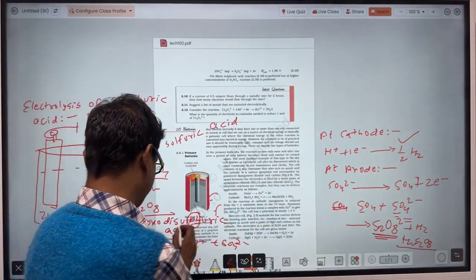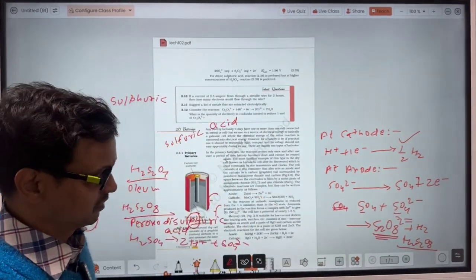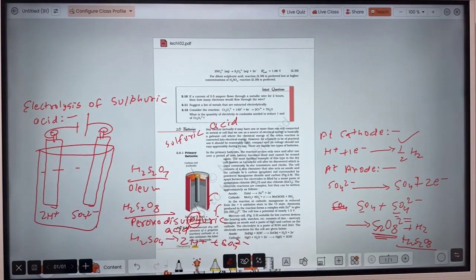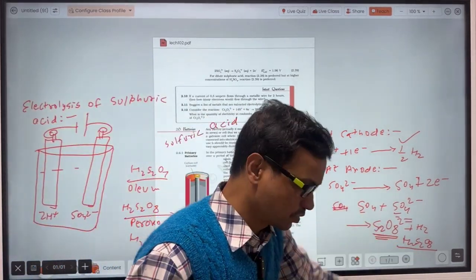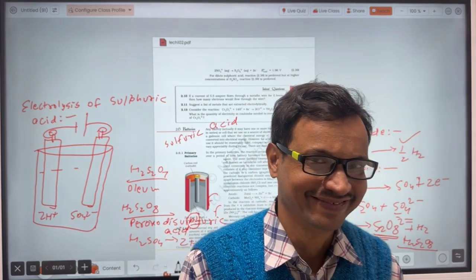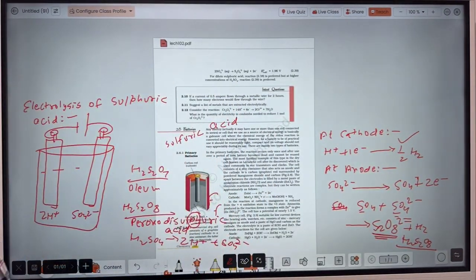So the product of electrolysis of concentrated H2SO4 will be hydrogen at the cathode and peroxodisulfuric acid at the anode. Okay guys, that was about the electrolysis.